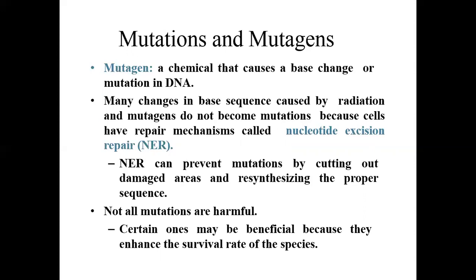And if the bases and nucleotides are repaired after this type of mutation, this is called nucleotide excision repair, or NER. NER is the process by which mutations are prevented by cutting out the damaged area and resynthesizing the proper sequence. And basically, not all mutations are harmful. Those mutations that are not harmful are known as silent mutations.